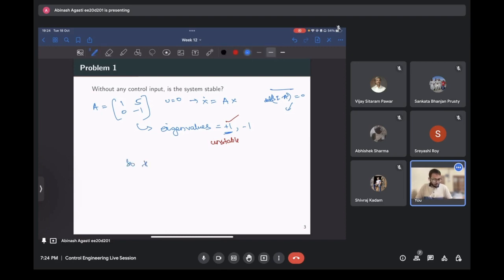So the system without any control input is unstable, right? Is it clear till now?